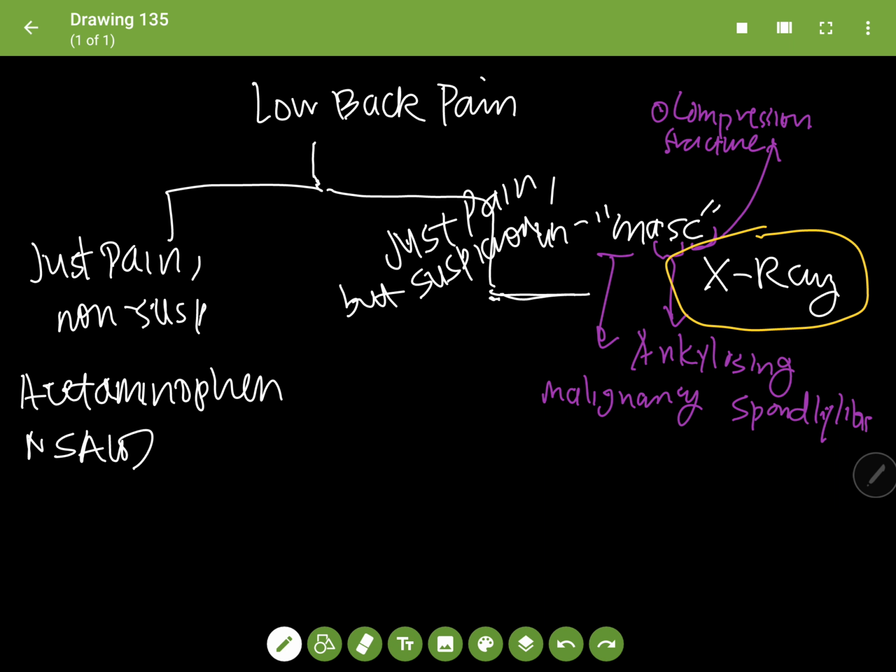Okay, so what if it's pain, but there are things that obviously point to the spinal cord?